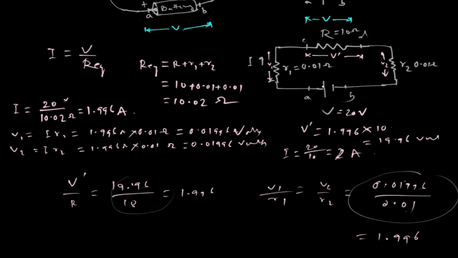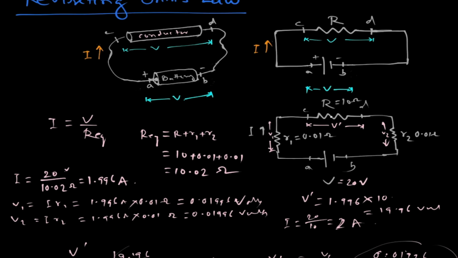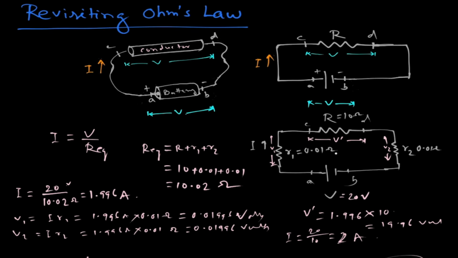So this voltage across the resistance is not equal to the voltage across the battery, but for simplification we take this voltage as the same as this. So in the electrical circuit, while solving the circuit, the voltage drop across the connecting leads is considered negligible. So it is usually taken as 0, but it is not 0, it is very low, that is negligible.